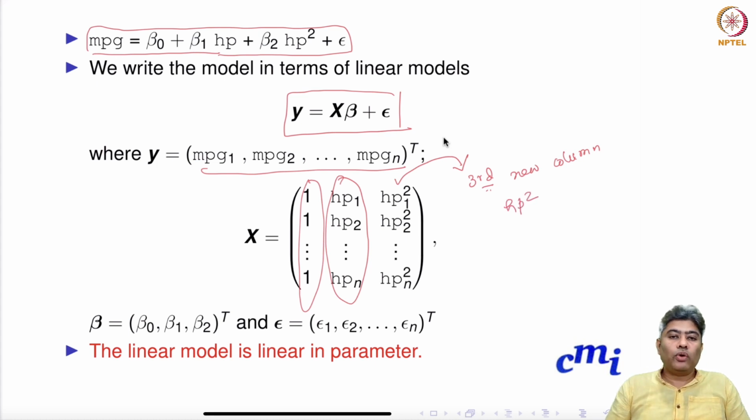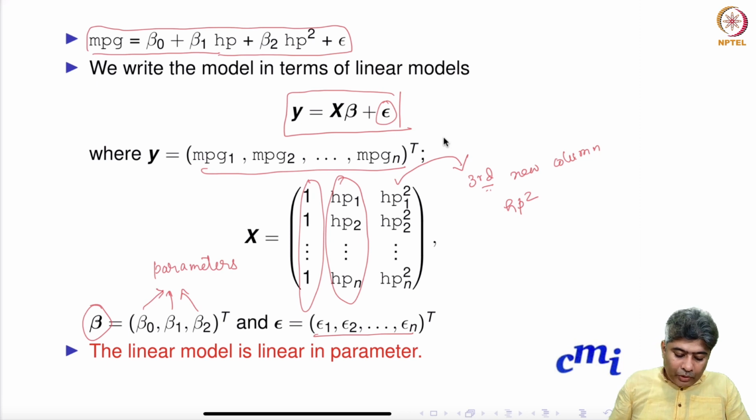We are engineering this new column. The rest is as usual: beta naught, beta is my regression coefficient, which has 3 parameters, and epsilon is the bunch of n epsilons that we have here.